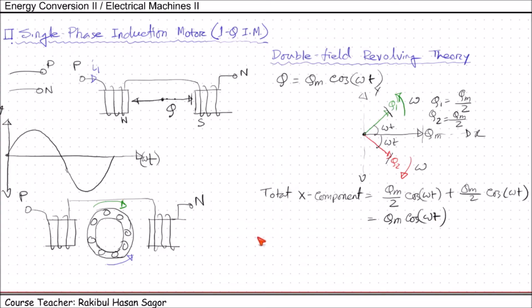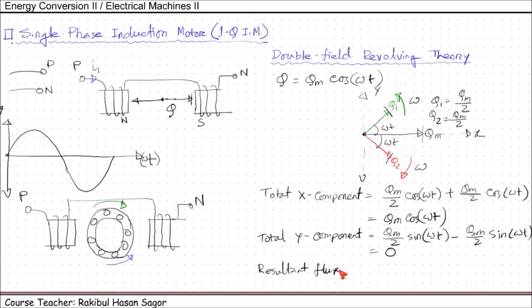For the y component, we can write total y component equal to phi m by 2 sine omega t, as they are opposite to each other, so we need to put minus here, phi m by 2 sine omega t. Hence we'll get the value equal to 0. So the resultant flux can be written as phi equal to root over phi m cos omega t whole square plus 0 square.